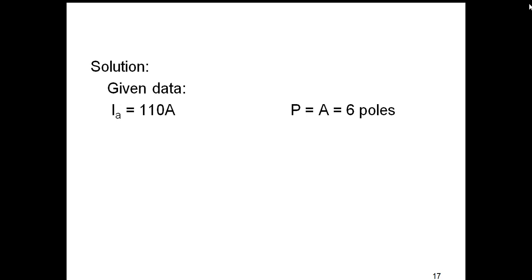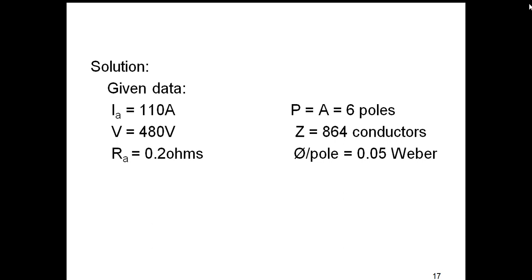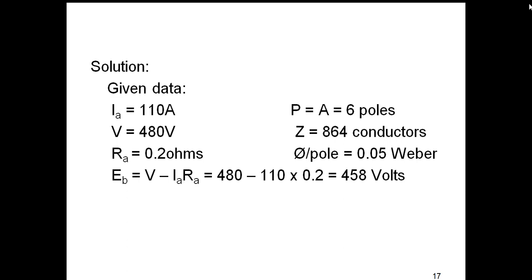So P is equal to A is equal to 6, and the voltage V is equal to 480 volts, and Z, that is the conductors, is equal to 864, and the armature resistance RA is equal to 0.2 ohms, and flux per pole is equal to 0.05 Webers.